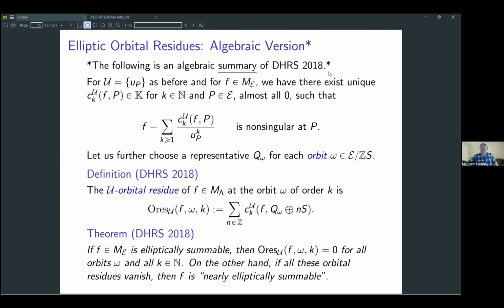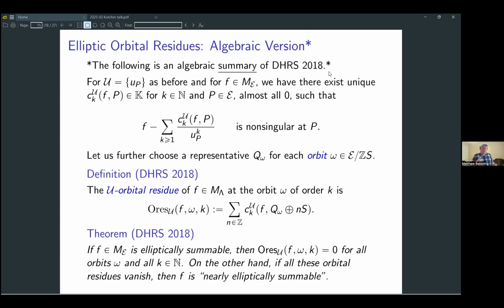And the exact result that they showed is that if f is elliptically summable, then the orbital residues all vanish. On the other hand, if the orbital residues all vanish, the function is nearly elliptically summable.